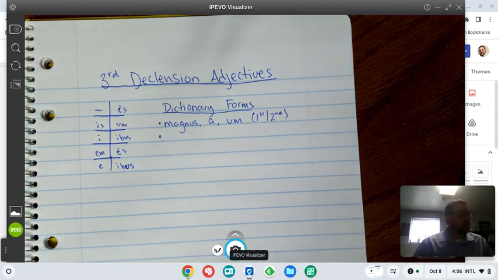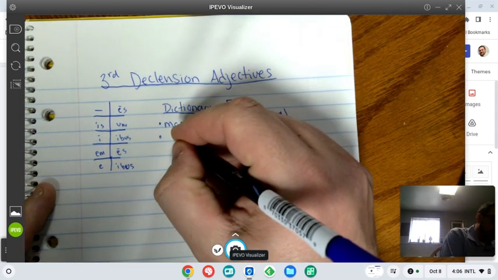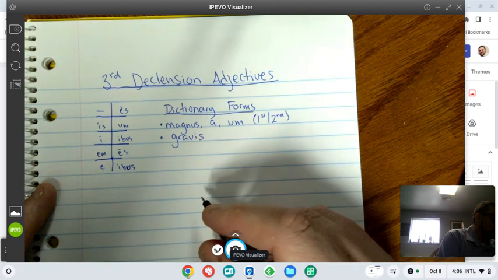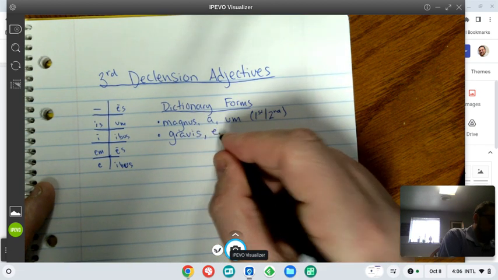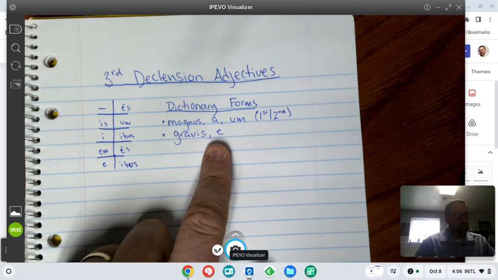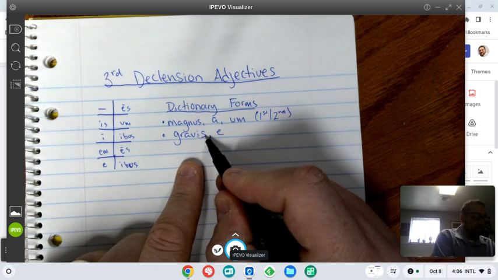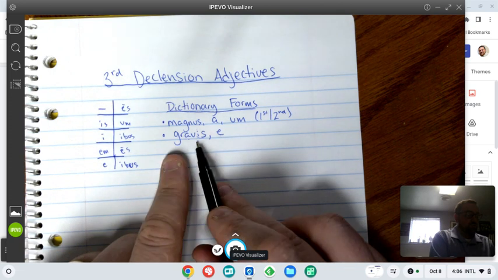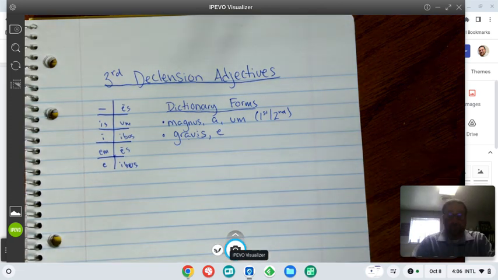But let's take a look at our model word, gravis, grave. Gravis has -is as its ending, so the stem is grav, and when we see this -e, we say gravis, grave. This has two parts to the dictionary form.